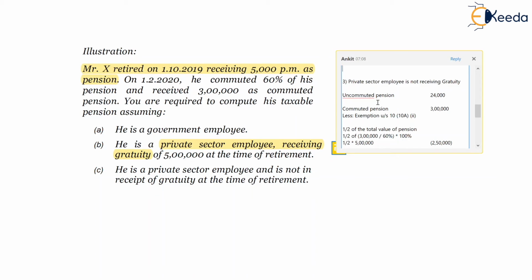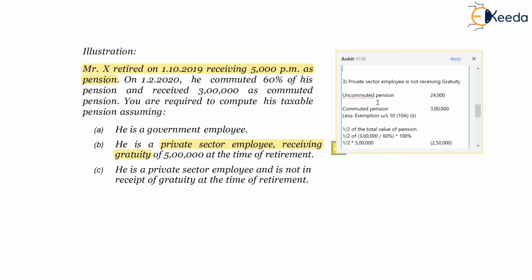If gratuity is received, then one third of the total value of pension is exempt. If gratuity is not received, then 50% of the total value of pension will be exempt in the hands of the private sector employee. And in the case of a government employee, commuted pension is always exempt.